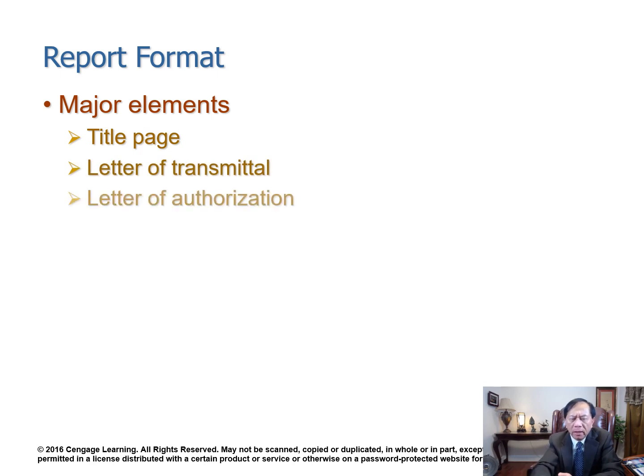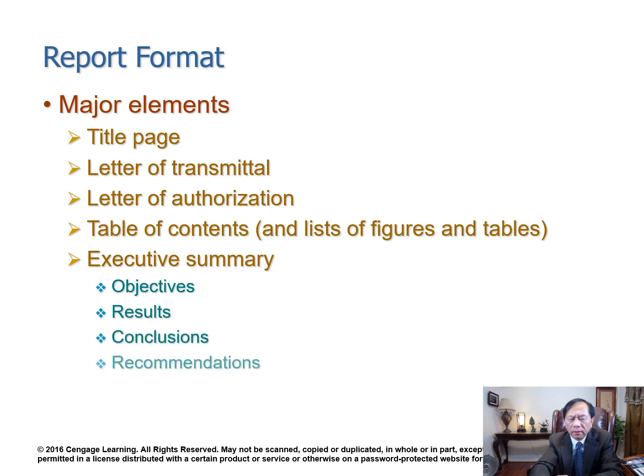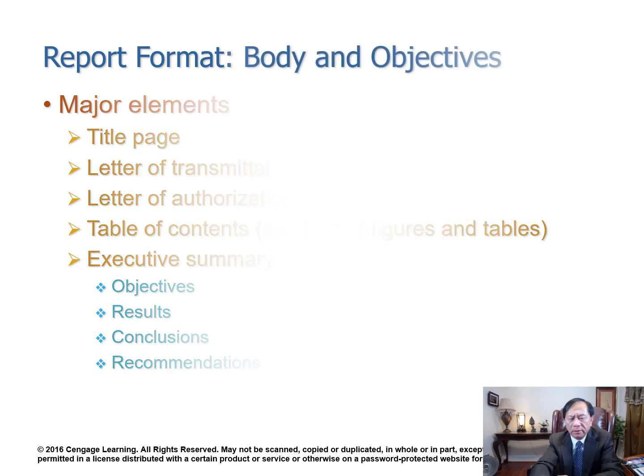Title page, letter of transmittal, letter of authorization, table of contents, and list of figures and tables, executive summary. I need you to have a one-page executive summary that you should write last, not first. Write a full paper, then write a one-page executive summary, highly summarizing everything. In the executive summary, you need to have objectives, results, and conclusions and recommendations.